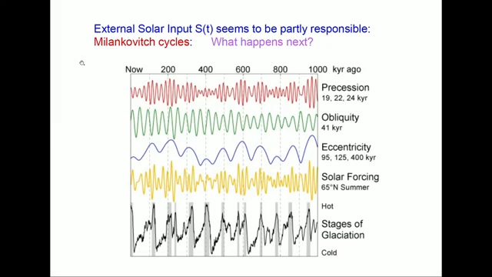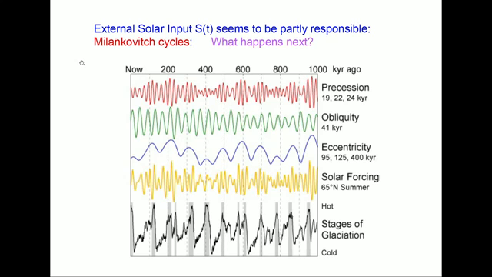Okay, and one of the reasons for this is due to the variation in the amount of radiation that we get on the Earth's surface. So the sun itself varies slowly, but as the Earth goes round the sun, it wobbles on its orbit, and the orbit changes as well.